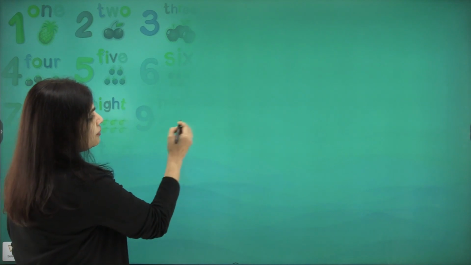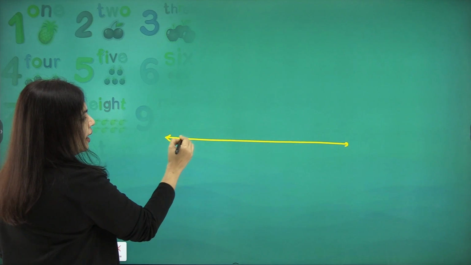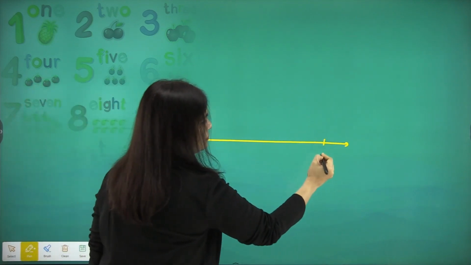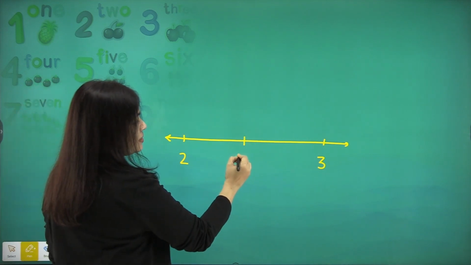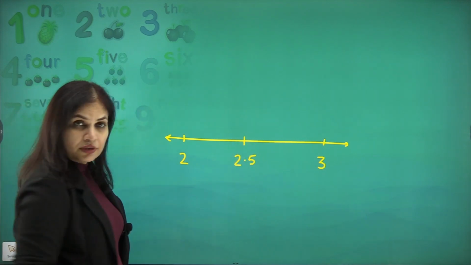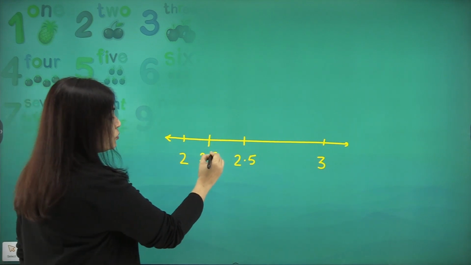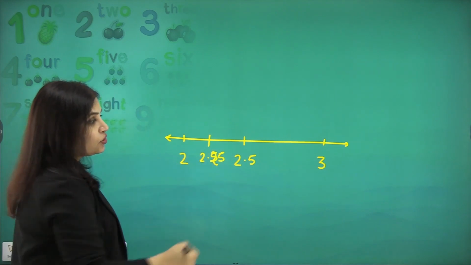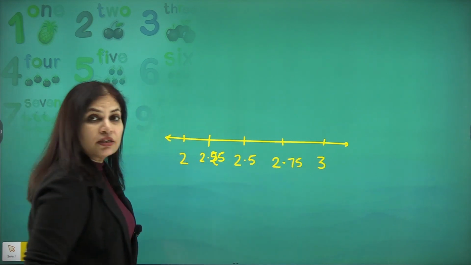Suppose we have 2.6666 or 2.665, then how do we represent it on a number line? We know that if I have a number line and I have to insert 2.5, 2.5 can very easily be inserted between 2 and 3. 2.25 will come between 2 and 2.5. 2.75 will come between 2.5 and 3.